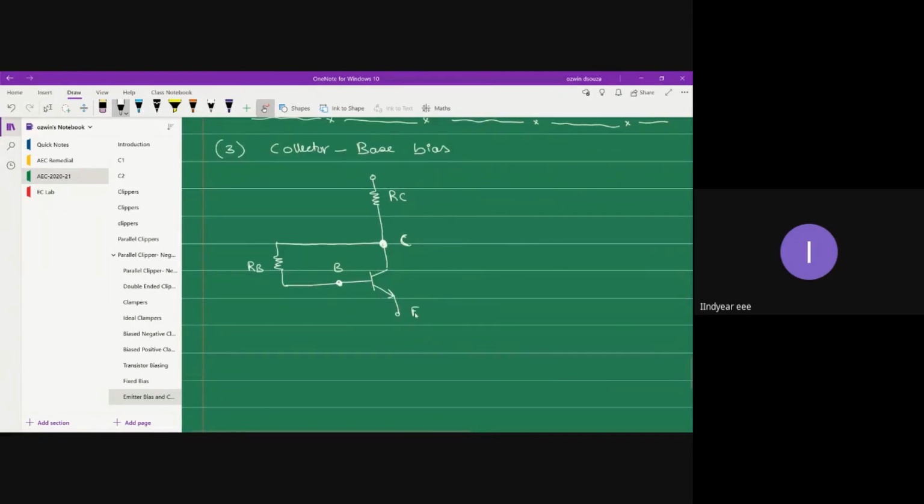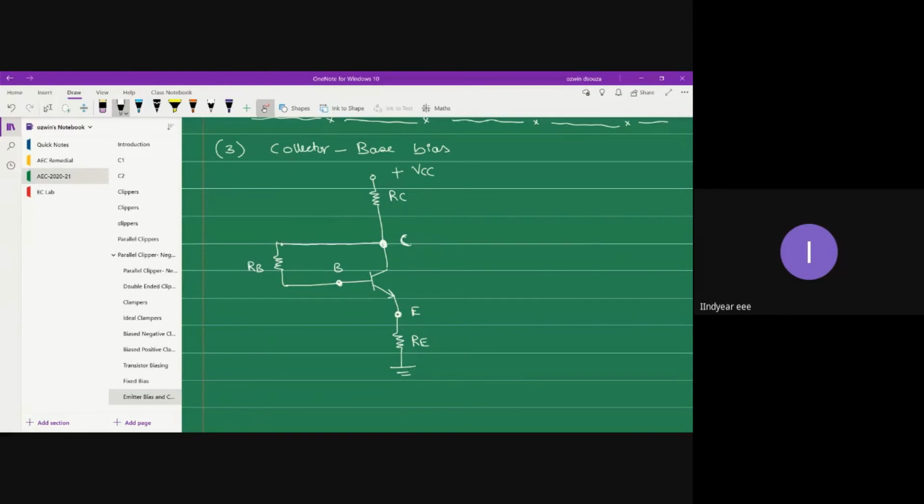At the emitter side, you just follow the emitter bias notation, that is, place a resistor between emitter and ground. So this is your RE, and this is plus VCC. In fixed bias as well as emitter bias, the other end of RB was directly connected to VCC.